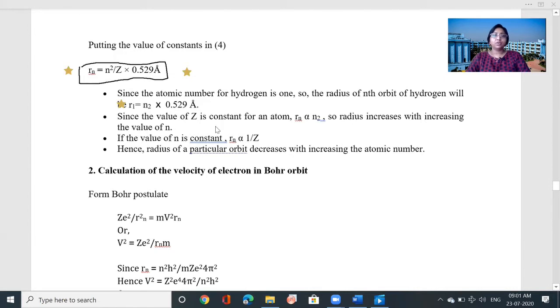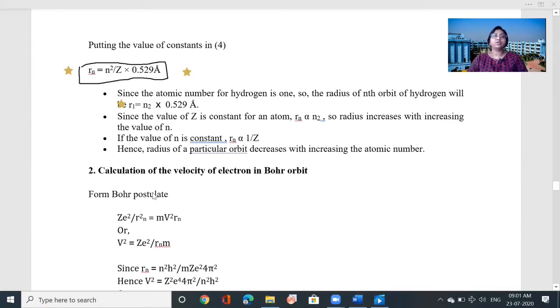Since the value of Z is constant for an atom, Rn is proportional to n squared, so the radius increases with increasing value of n. If the value of n is constant, then Rn is proportional to 1 by Z. Hence, the radius of a particular orbit decreases with increasing atomic number. So you have learned a big thing.